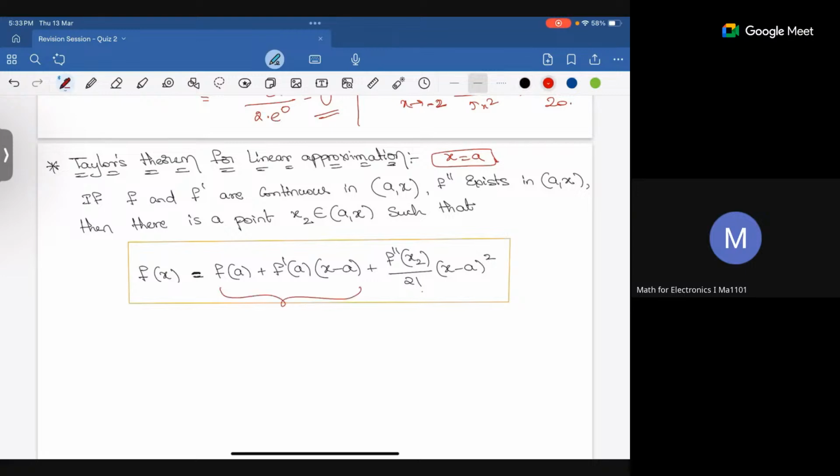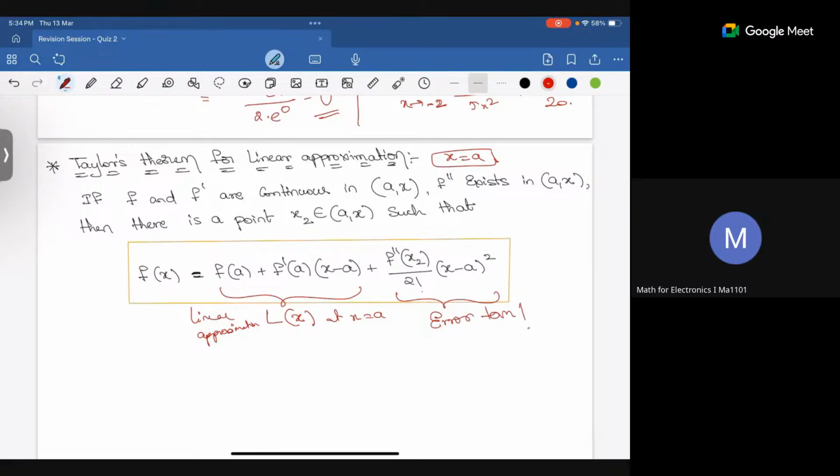Recall, just now we discussed, this is the linear approximation L of x, f of a plus, let me write, the linear approximation L of x at x equals a. And we will have a new term, f double prime at some point x2, such that if you add that, you will get f of x. Okay, and this term is referred to as the error term.